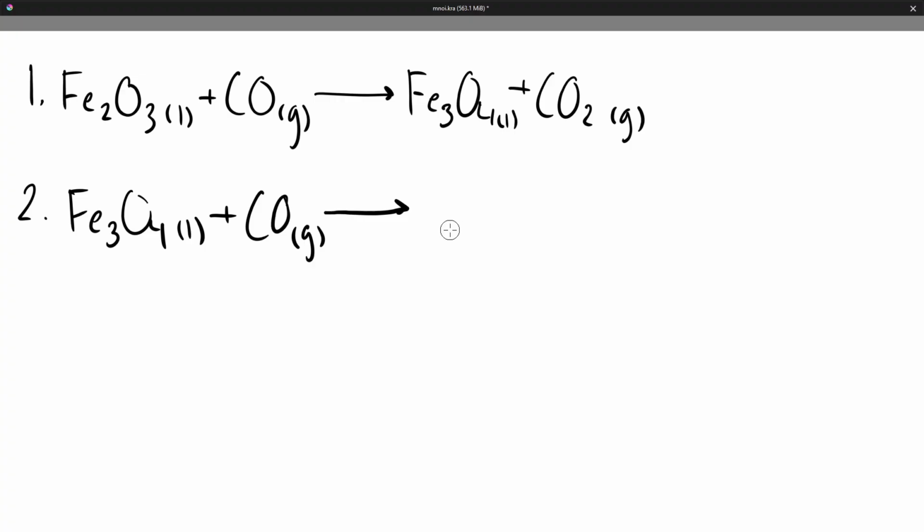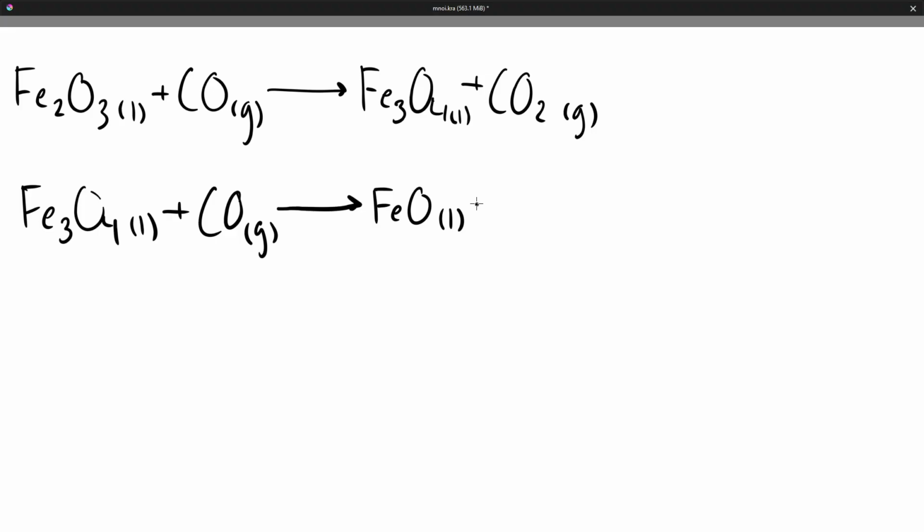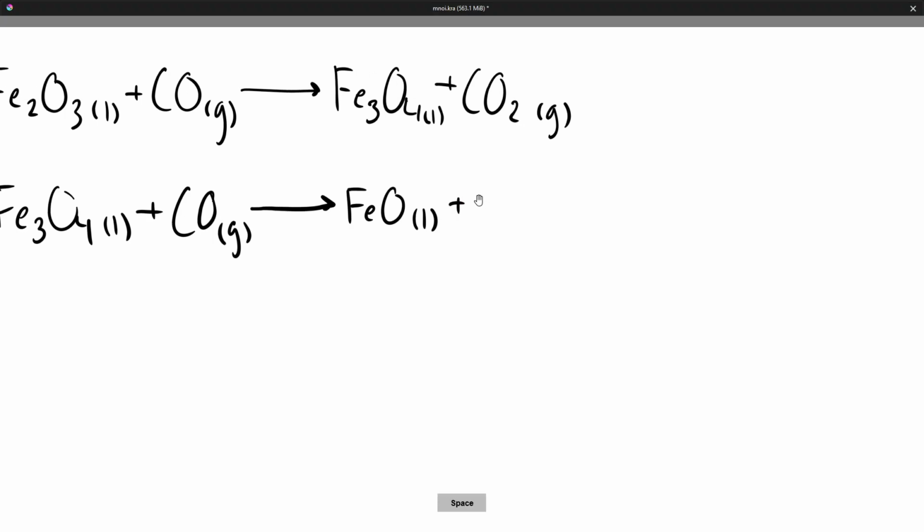That makes iron 2 oxide, which is just FeO. That's liquid too. Pretty sure that's liquid. Let me check real quick. But carbon dioxide is also produced. Okay, I just checked and it is liquid here.